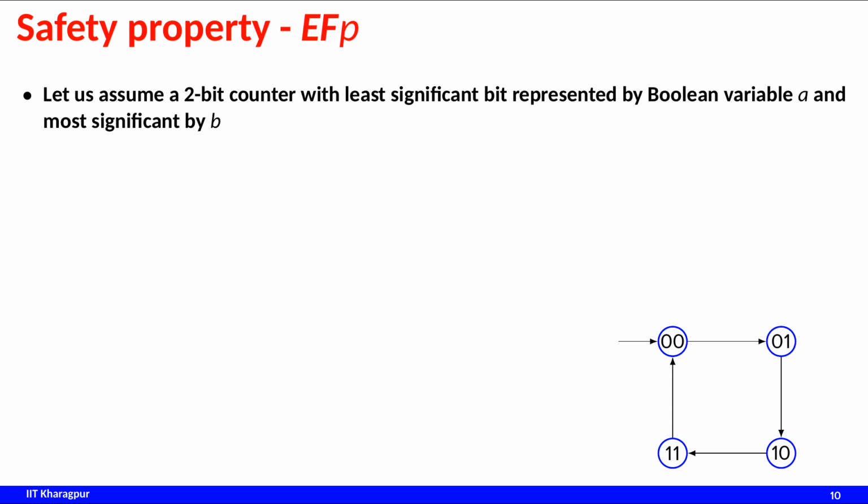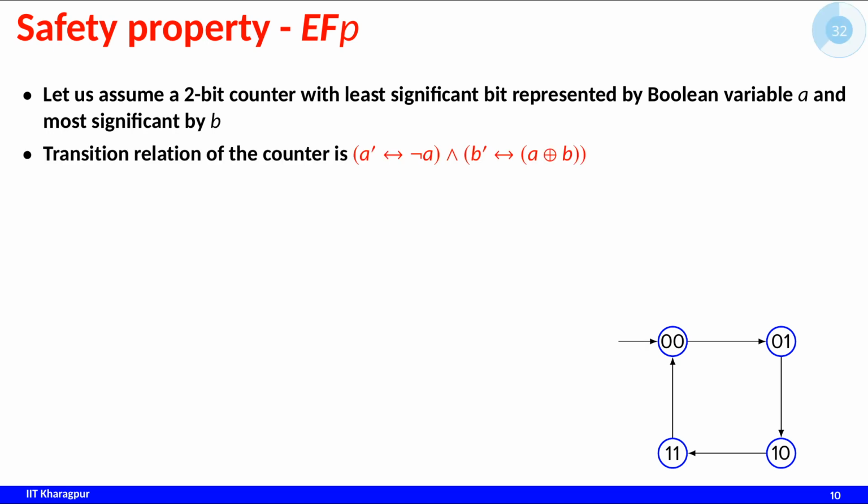So let's take a more concrete example. Let us say we have a 2-bit counter, with the least significant bit represented by Boolean variable A and the most significant bit by B, and let's say it follows this transition relation. So from 00 it goes to 01, then 10, then 11, and it keeps on repeating, and 00 is the initial state.